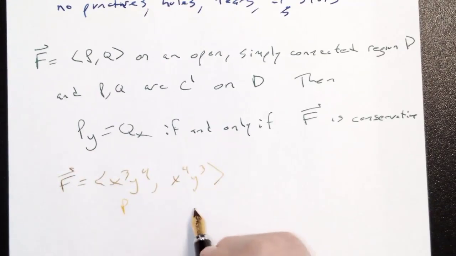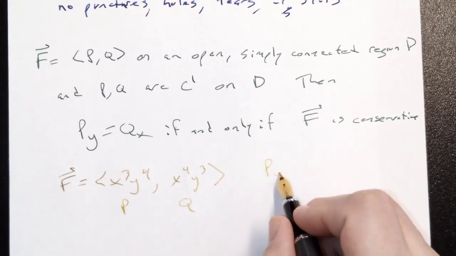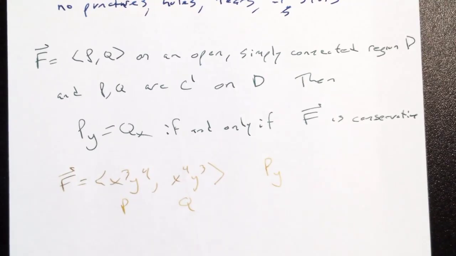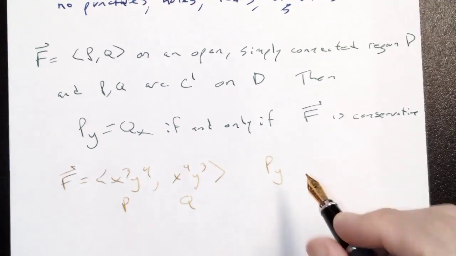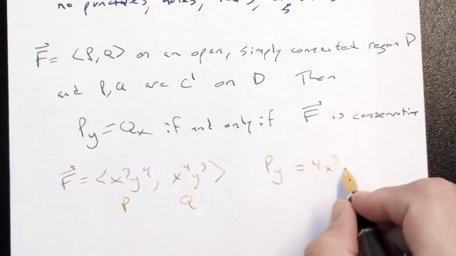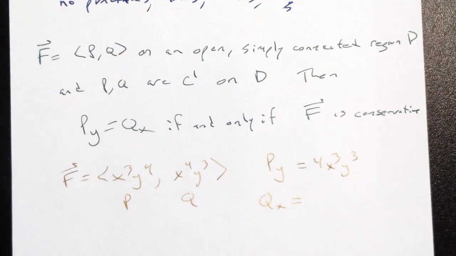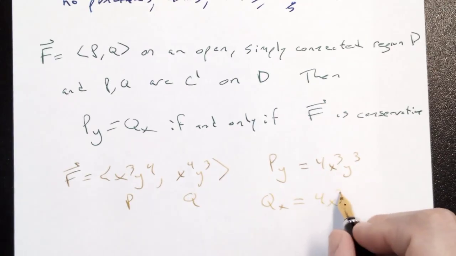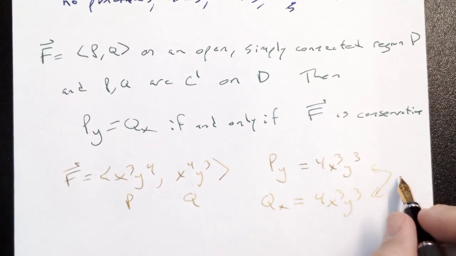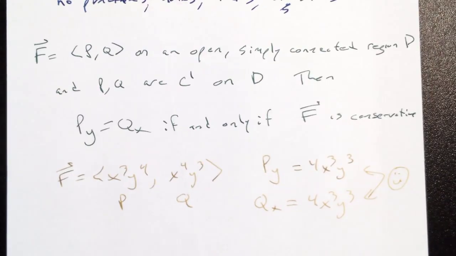This is P, this is Q. What's P_y? And Q_x? Those are the same. My vector field is conservative.